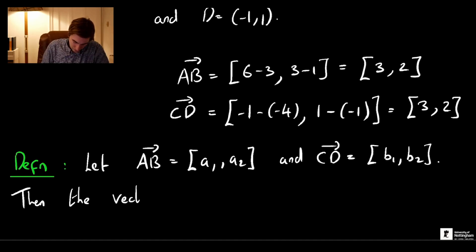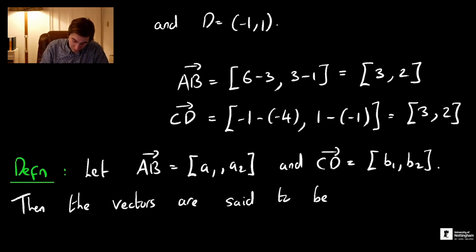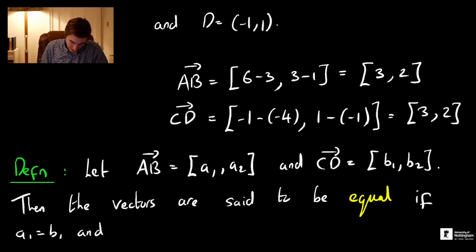Then the vectors are said to be equal if A1 equals B1 and A2 equals B2. In other words, indeed, these two vectors here are equal.